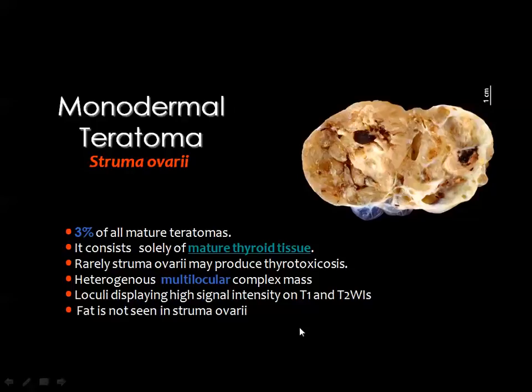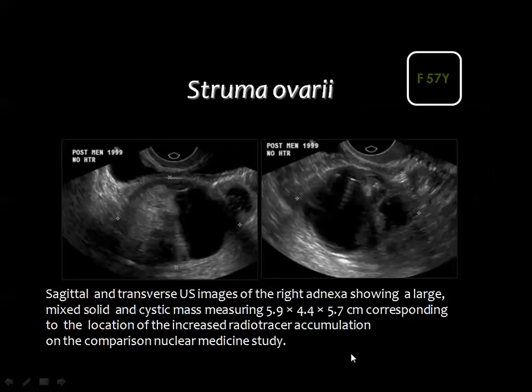And also we should know that fat is not seen in these lesions, since fat is one of the diagnostic landmarks of mature ovarian teratoma or the ovarian thyroid cyst.